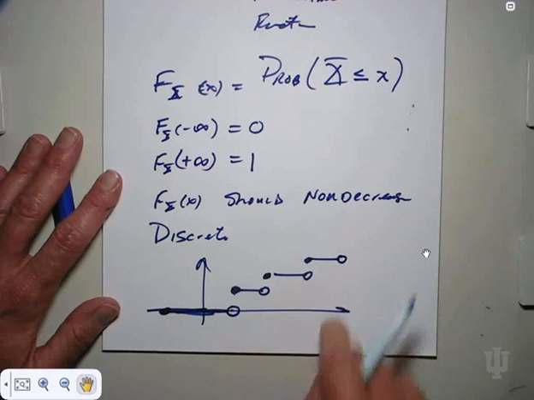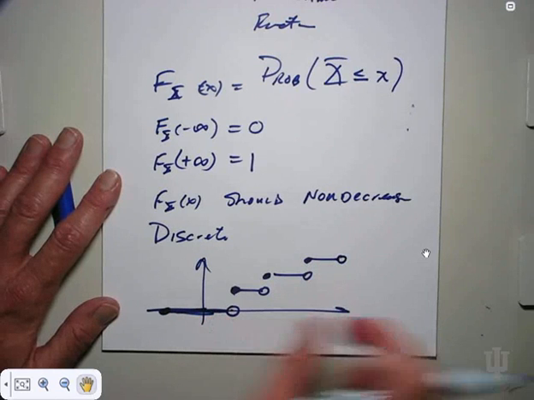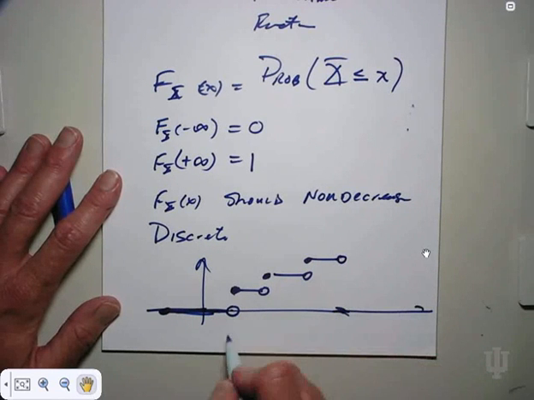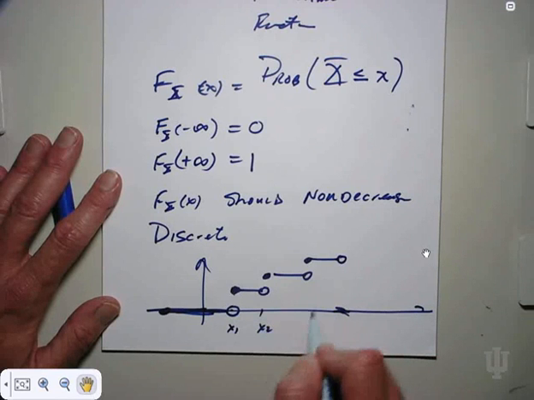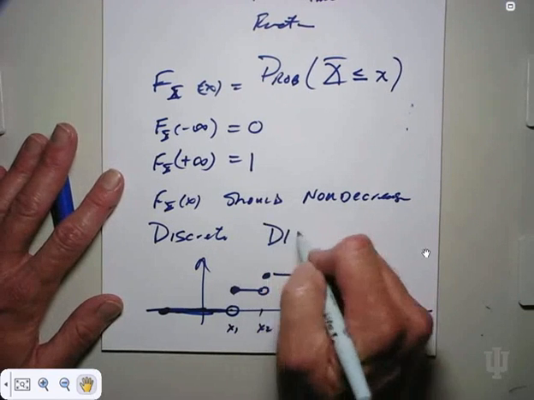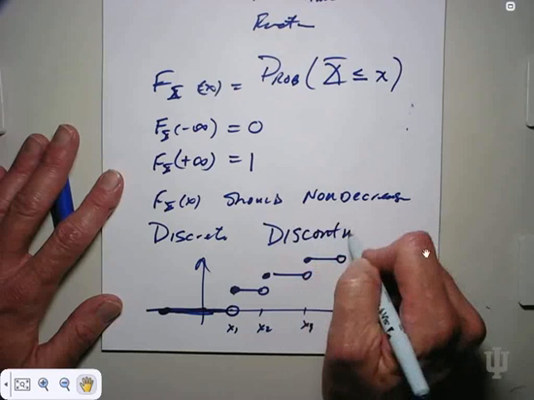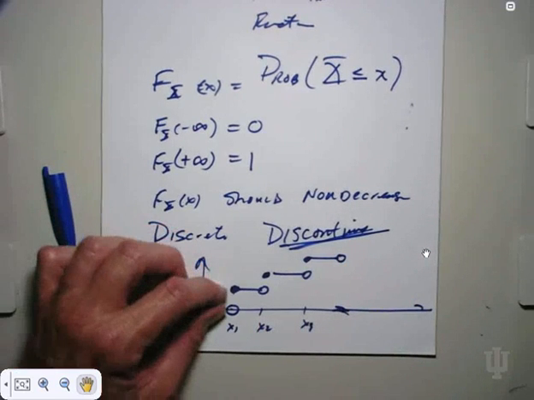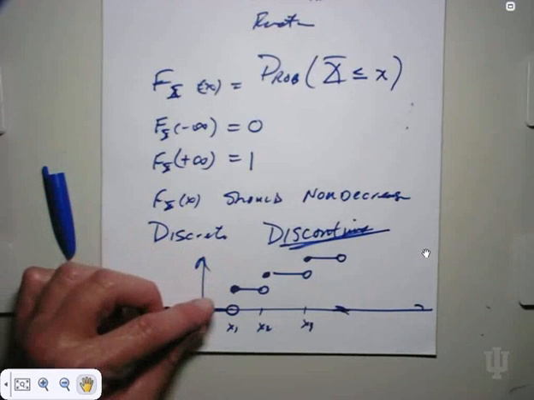Now, it could be finite, or it could be countable. It just keeps having these steps. Okay? So that's x1, x2, x3. This is a discontinuous function. This is coming from your calculus that you're so very familiar with, right? What do we call these things? We call these jumps.